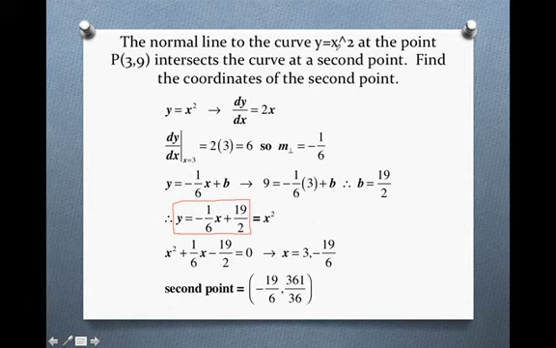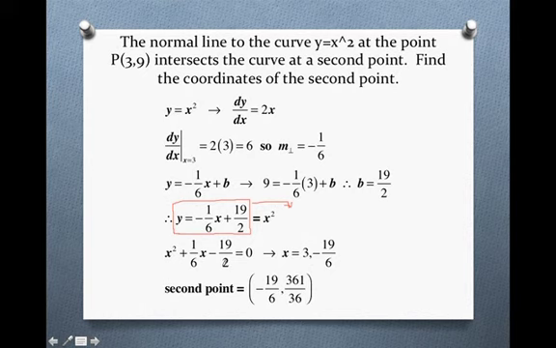So our original function is here. When we set these two equal to each other, we're finding the points where these two lines or curves meet each other. And so what we'll do is move all these terms over to the other side with the x squared, and make it equal to 0.